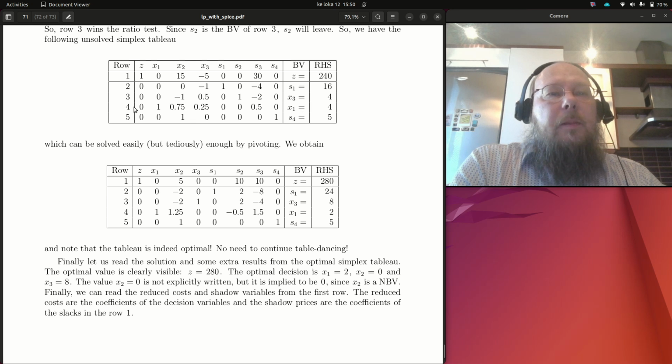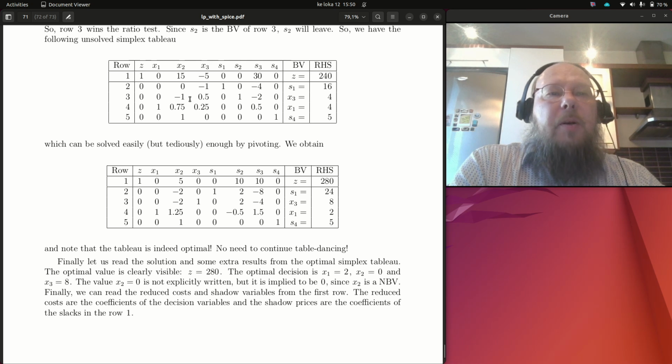X1, it's like this one here, zeros here, that's okay. S4, 1 here, zeros here, that's okay. So we have to solve for X3. And again, X3 has half coefficient here, so we have to multiply this line by 2.